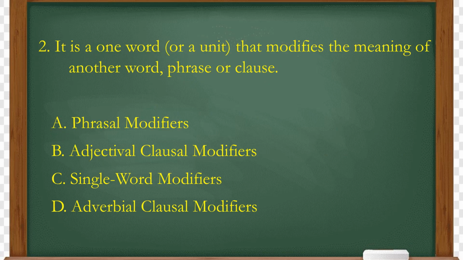Number 2. It is a one word or a unit that modifies the meaning of another word, phrase, or clause. A. Phrasal modifiers. B. Adjectival clausal modifiers. C. Single word modifiers. D. Adverbial clausal modifiers.